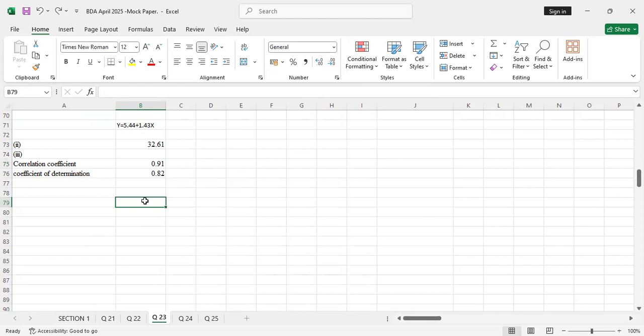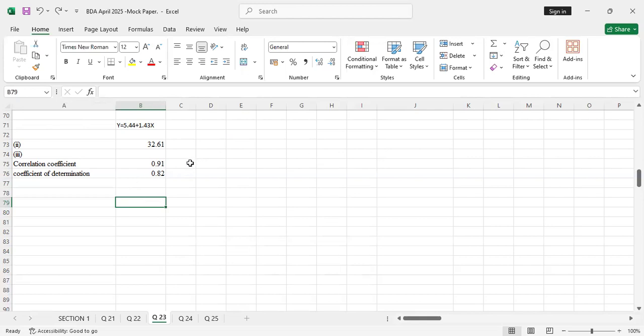So how are you going to interpret it? I've said it ranges from -1 to +1, so this is +1 in this case. A value closer to 0, like 0.6 and below, indicates a weak relationship.